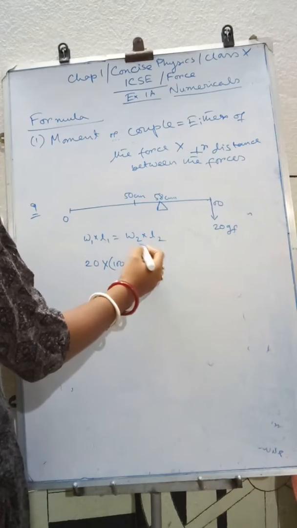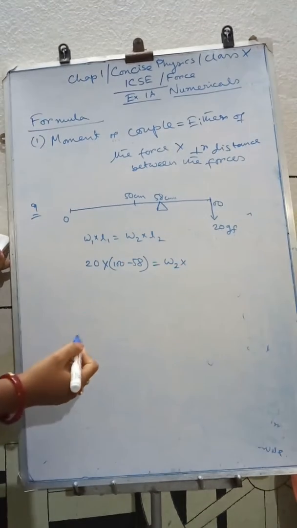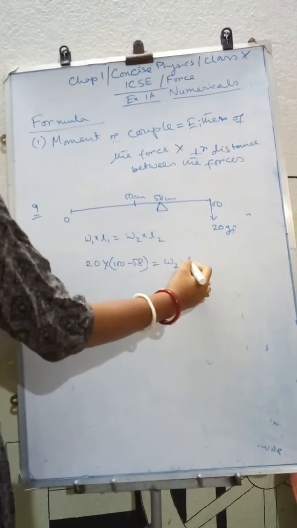And W2 we have to find out, that is the weight of the meter rule, and L2 is 58 minus 50.